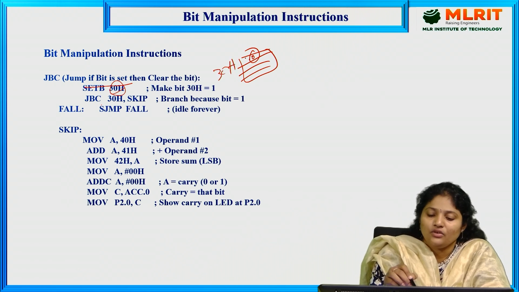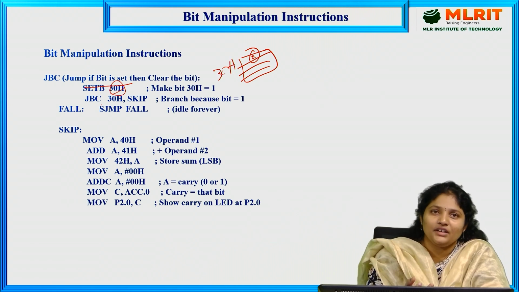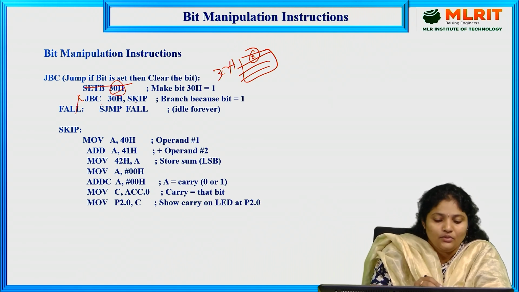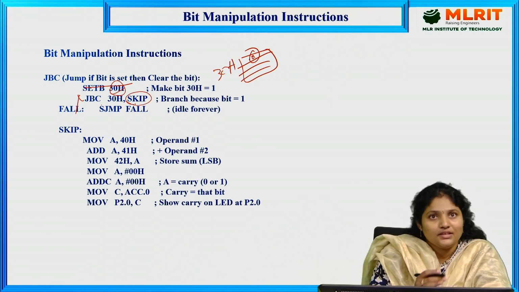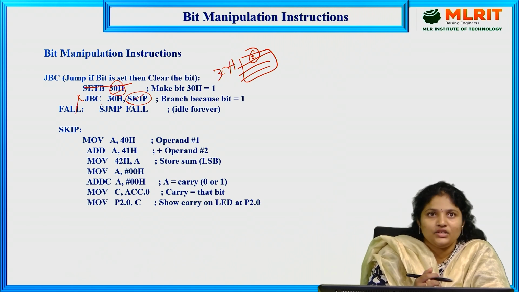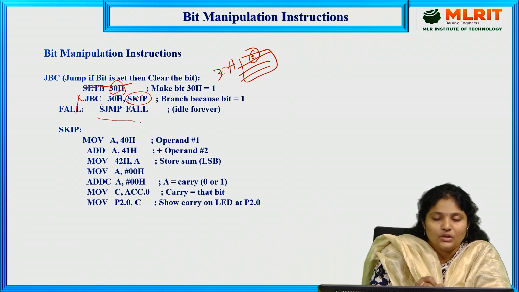If the 30H location has 0, the condition doesn't satisfy, right? So if the condition doesn't satisfy, the controller needs to execute the next instruction itself. So this jump will not be taken. The controller will not go to the location SKIP because the condition doesn't satisfy. Now the next instruction will be executed.